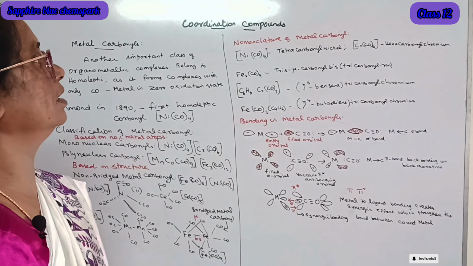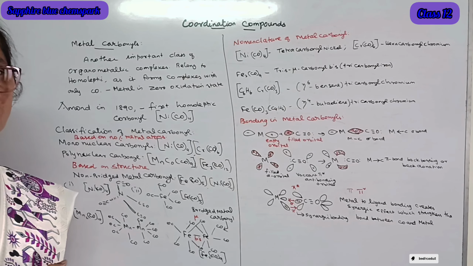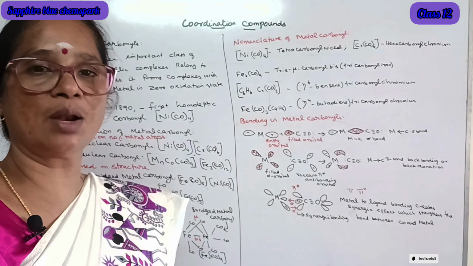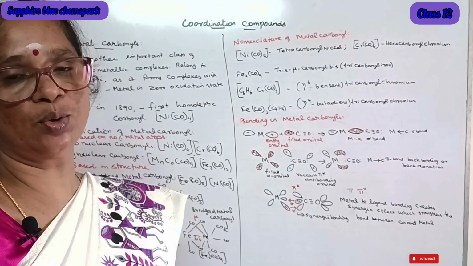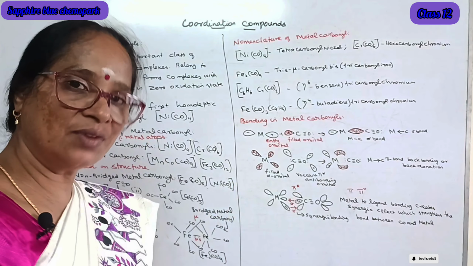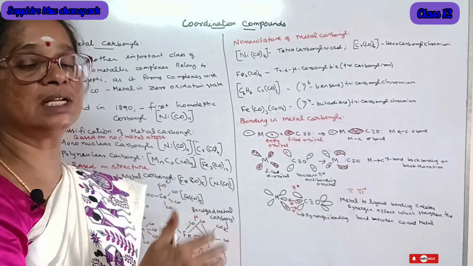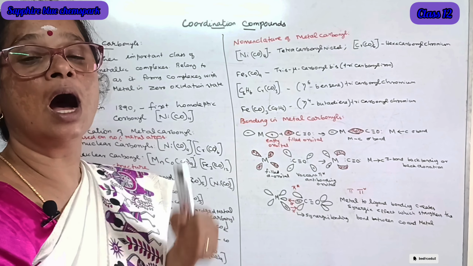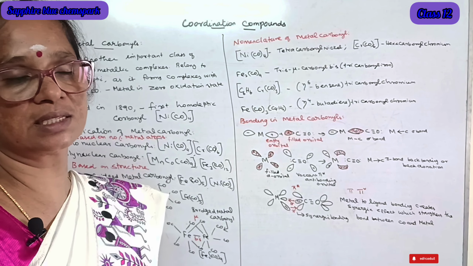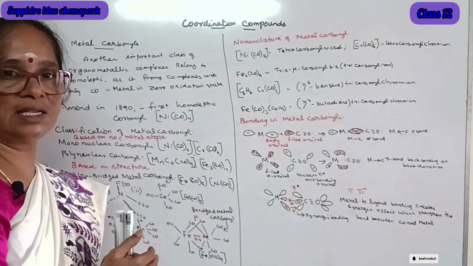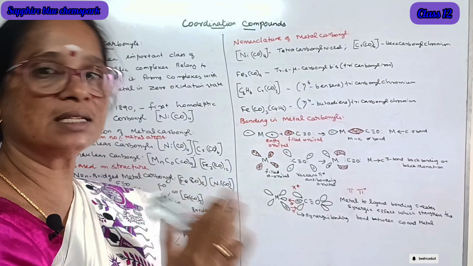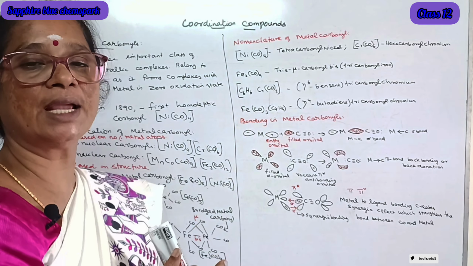The next one, nomenclature of metal carbonyls. We have mononuclear carbonyls as well as polynuclear carbonyls, and we have bridged structures also. So, in such conditions, how do we name the complexes? Suppose the complex is a mononuclear complex, then we have to follow the IUPAC rule.